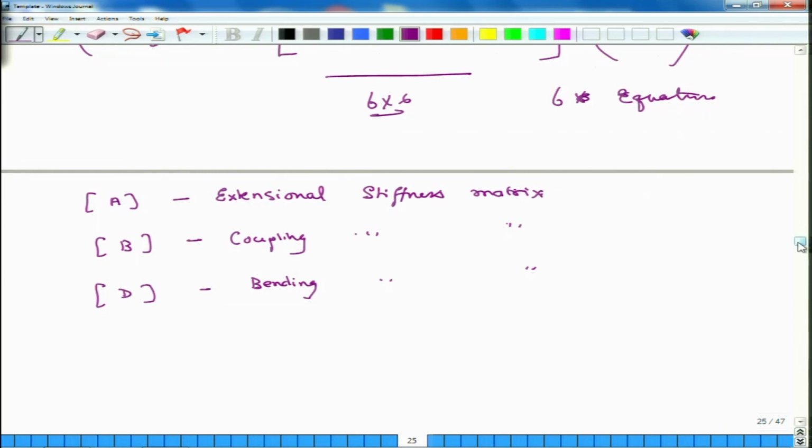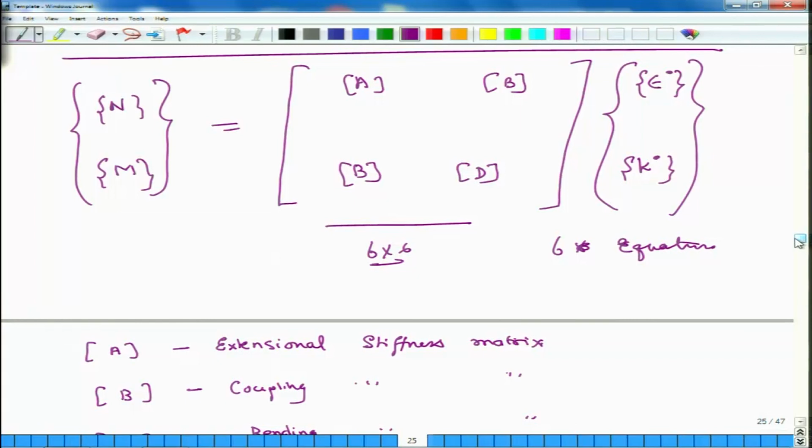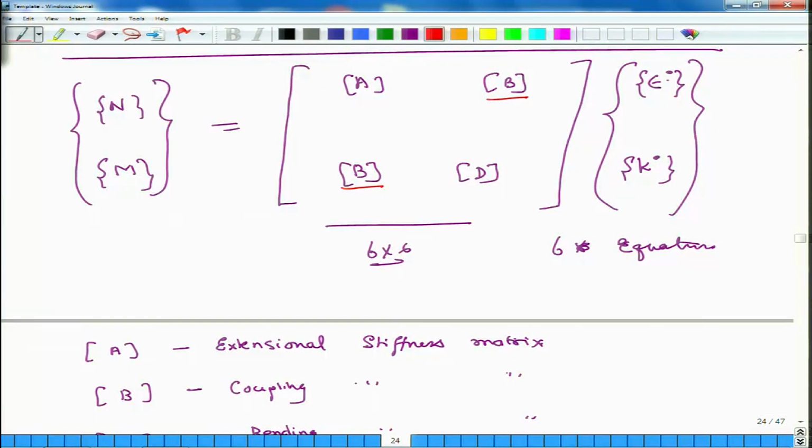So, we will spend a moment trying to understand why these things have been given these names. Consider a case where B is 0. If B is 0, then N can be calculated if we know A and epsilon only, we do not need to know K. Essentially what it tells us is that the A matrix helps us define how much the material extends, stretches or gets compressed, in presence of extensional stresses and extensional strains.